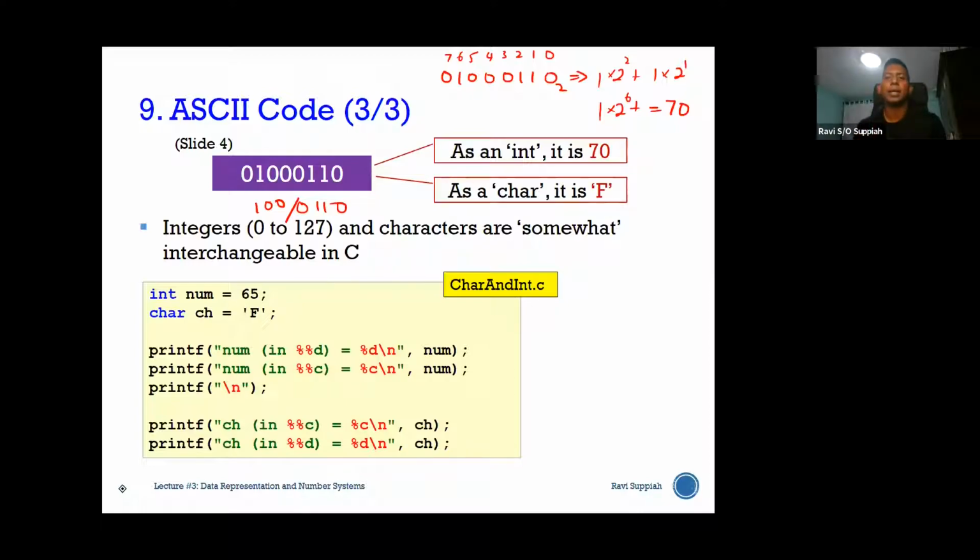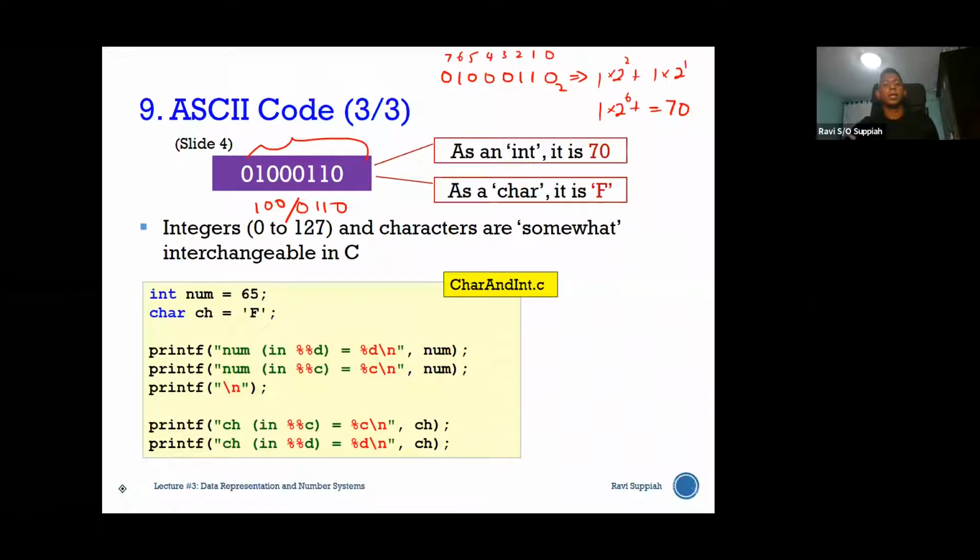If I interpret it as a character, it is holding a value of uppercase F. The interesting thing is that this interpretation of whether it's an integer or character is about how you write the program to represent it. Once you store these 8 bits in memory, it will always be the same 8 bits, but you can choose to look at them differently at different times.